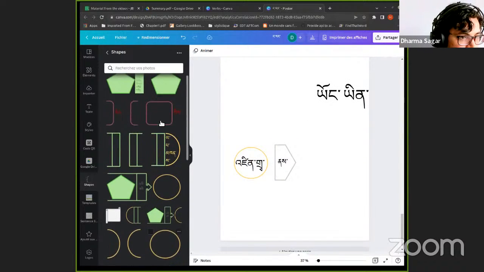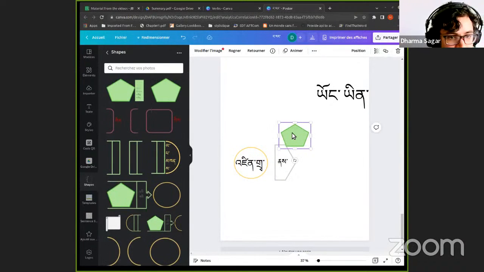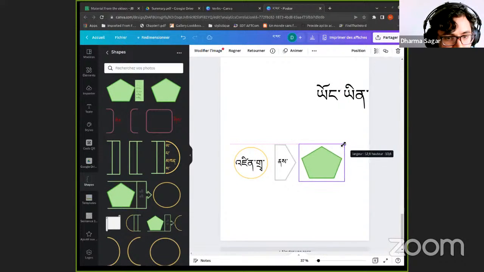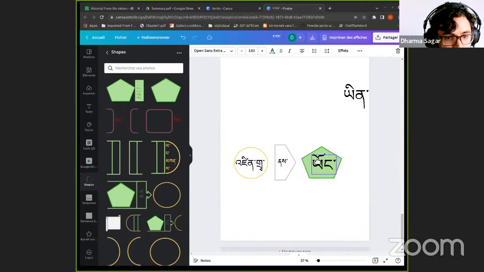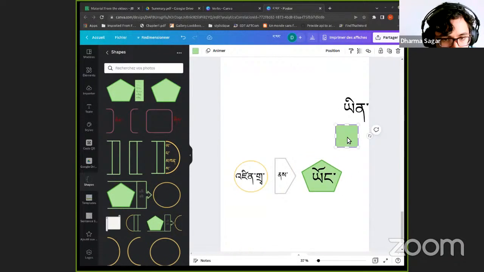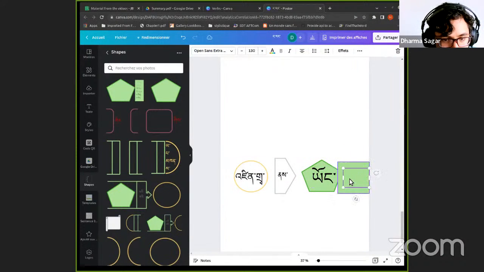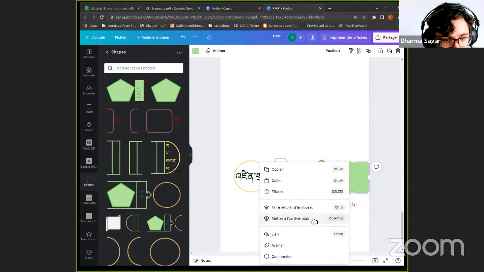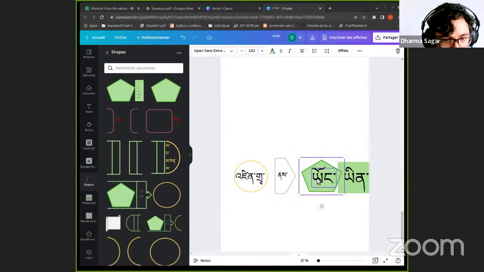Okay, and then we have a verb. And then we have the conjugation that goes together with it.